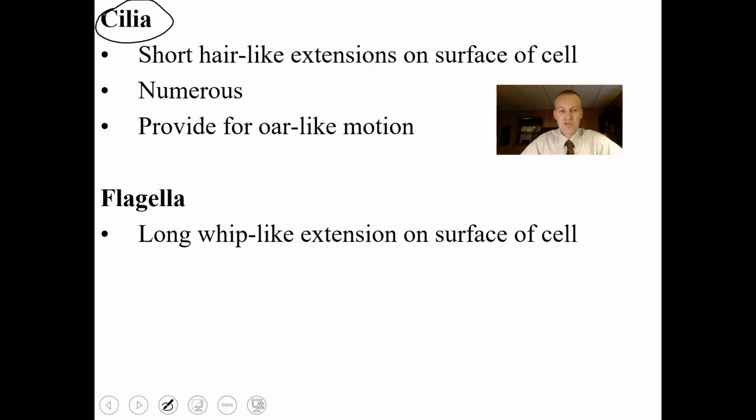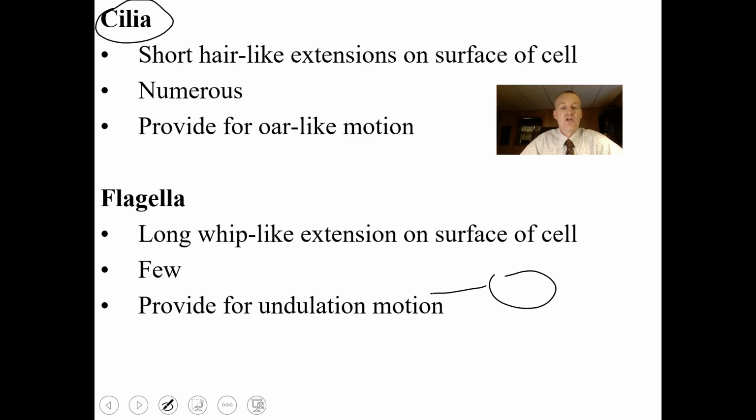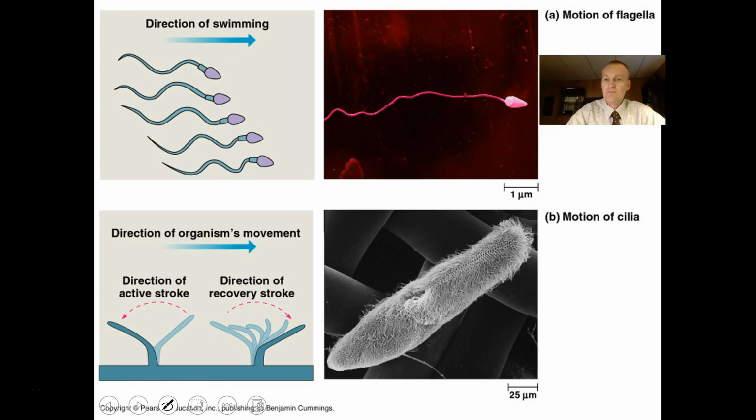The flagella are long whip-like extensions of the surface of the cell, and they're few, and we really only have one place that I know of where we have flagella, and that would be the sperm cell. That whip-like undulating motion is going to provide for motion. So here would be a structure that has flagella, or a flagellum, which is the singular, and that causes the whip-like movement of the sperm cell.